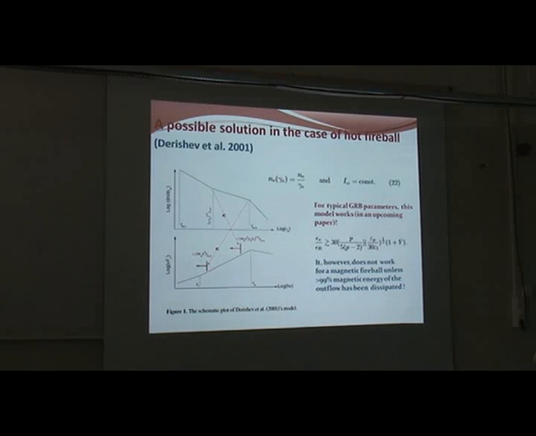And there is a special session on this. Actually, I think this problem was solved by Derishev in 2001, but I don't know why this model has been ignored for such a long time. The idea is not really complicated.